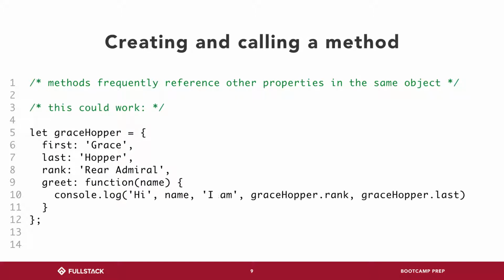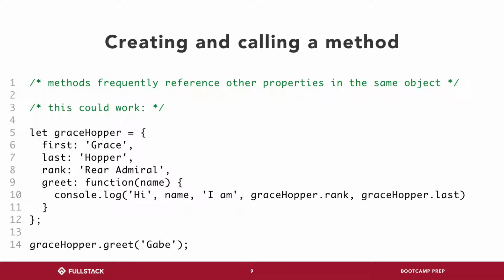So we'll get to this keyword in a second, but in this case, we can actually reference the same object that we're currently writing with the name of the variable that we're going to save it to. So when we call greet Gabe, this time we can access the Grace Hopper object, find the rank property, plug this in, and then do the same for last.